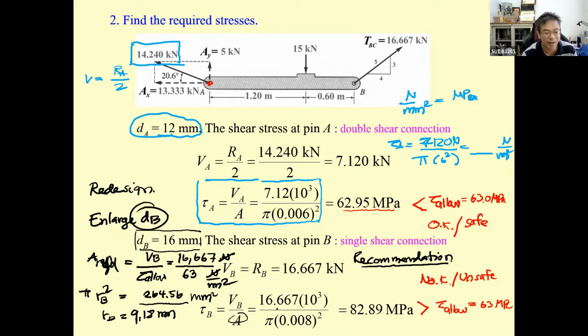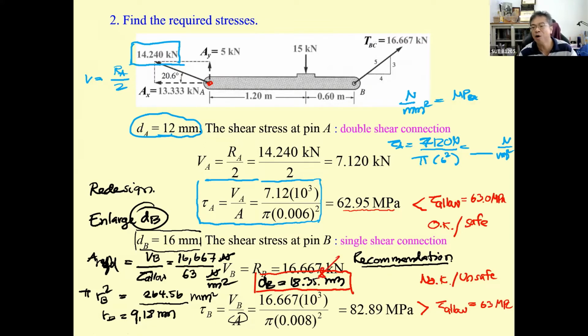That is going to be D sub B, that's required to make this connection safer. It's going to be 18.35 millimeter.